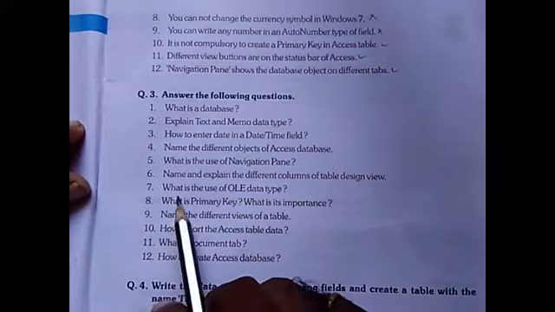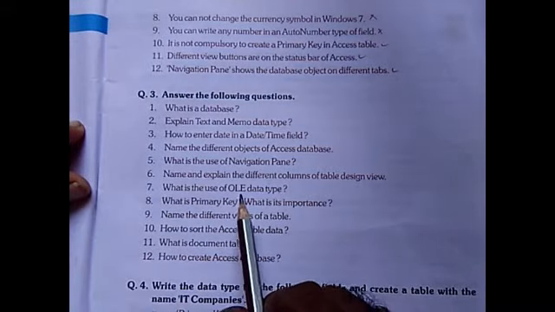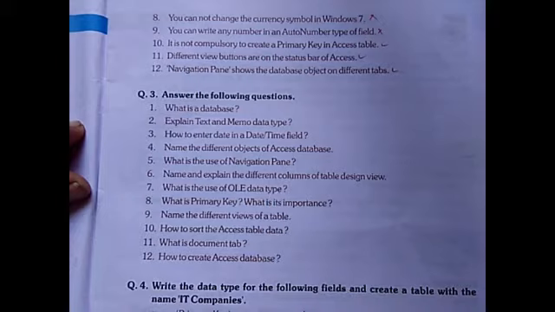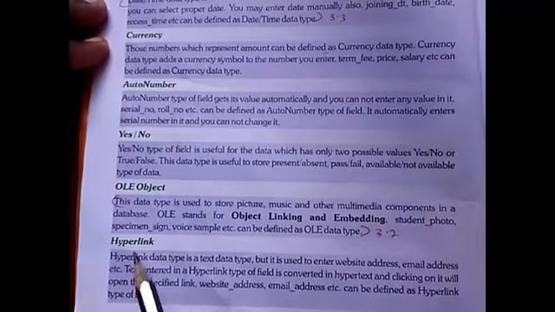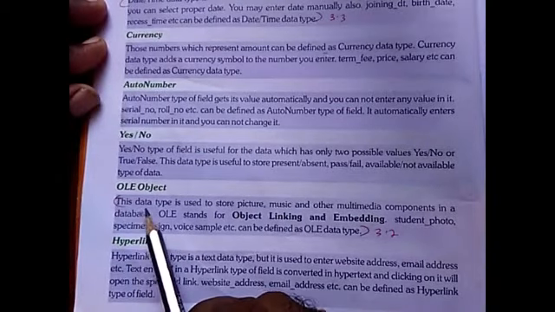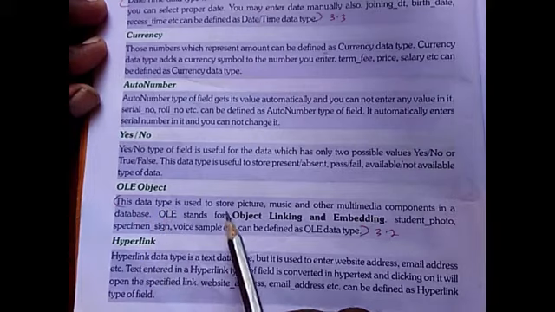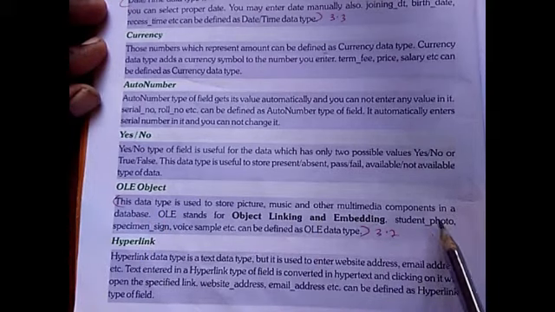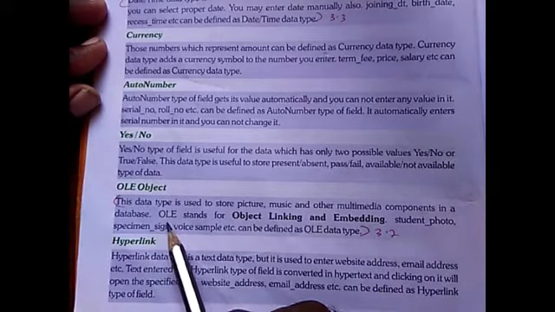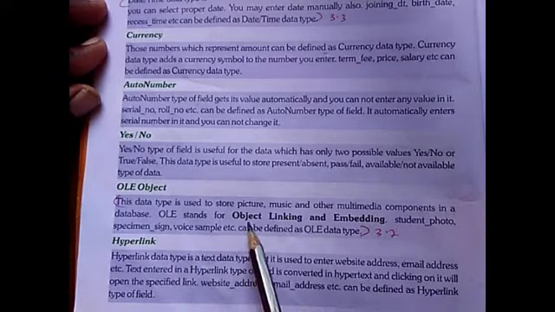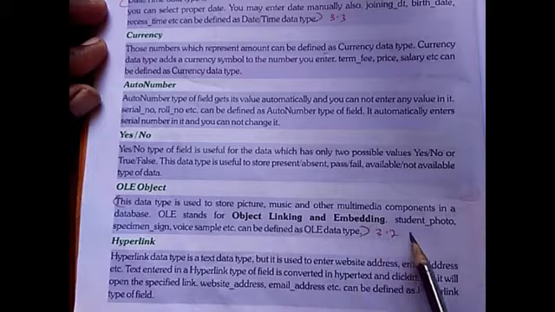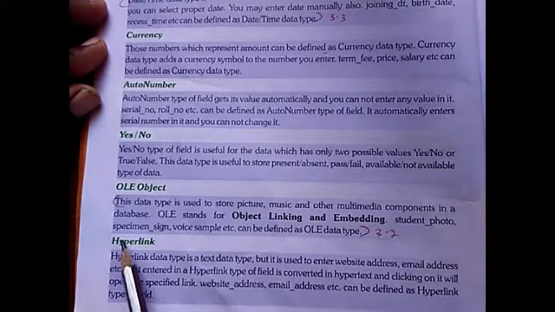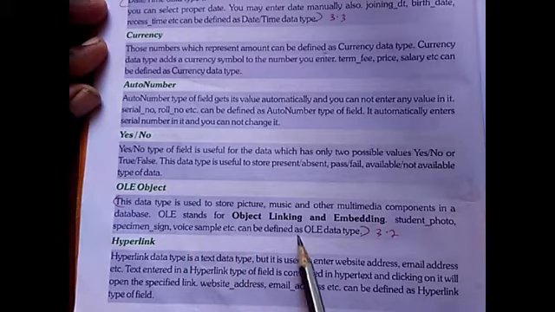Next question is, what is the use of OLE data type? Answer: this data type is used to store picture, music and other multimedia components in a database. OLE stands for object linking and embedding. Student photo, specimen, sign, voice, samples, etc. can be defined as OLE data type.